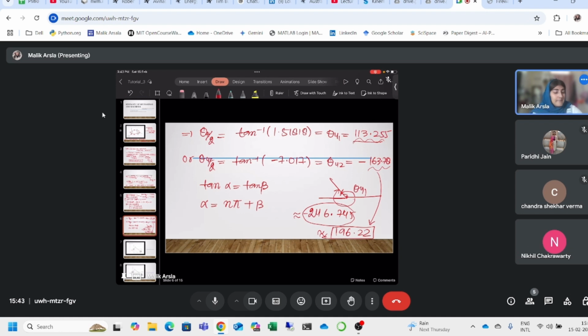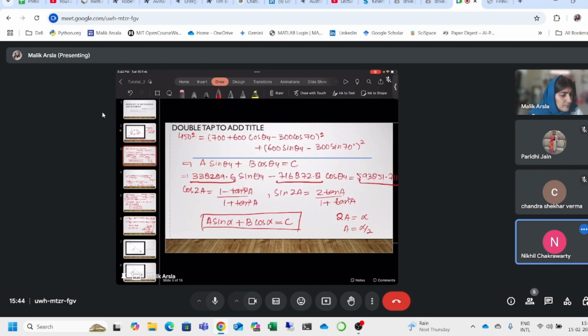Ma'am, can you explain once more the equation, how you get 700 plus 600 cos theta 4? Yes.